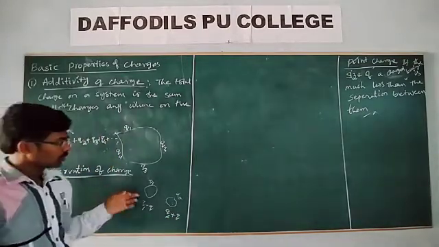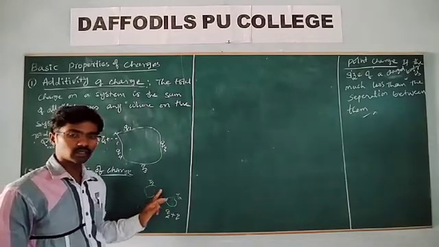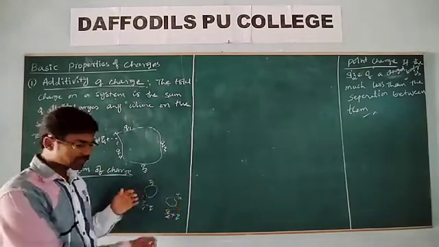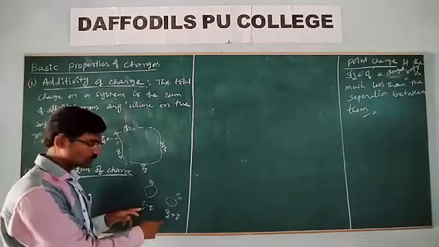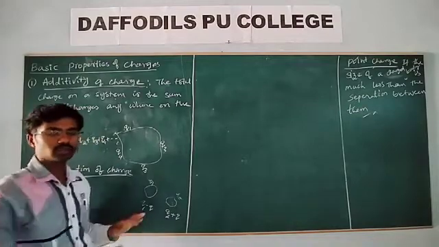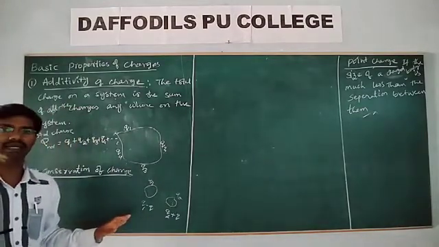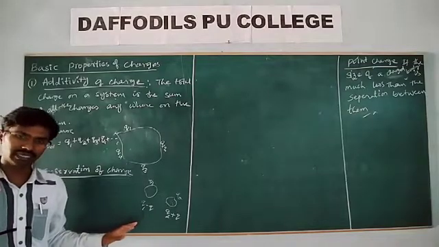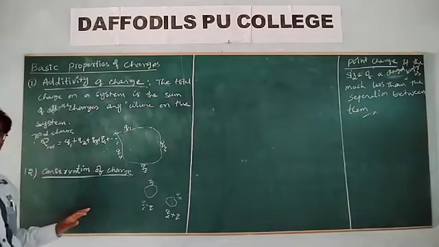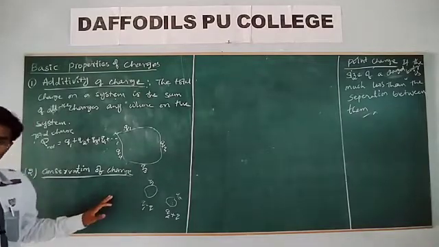Now tell me, before transfer of charge, what is the total charge of the system? Q1 plus Q2. After transferring the charge, what is the total charge of the system? Q1 minus q plus Q2 plus q, remaining Q1 plus Q2. That is what charge remains conserved. That represents that the total charge of an isolated system remains constant.